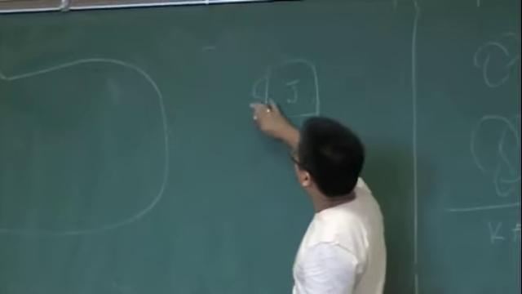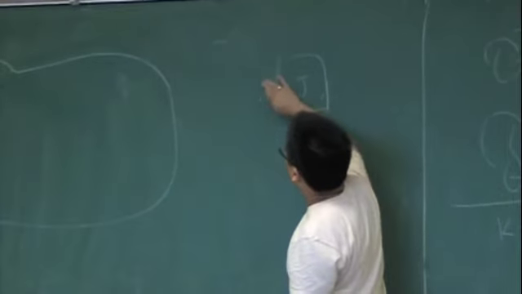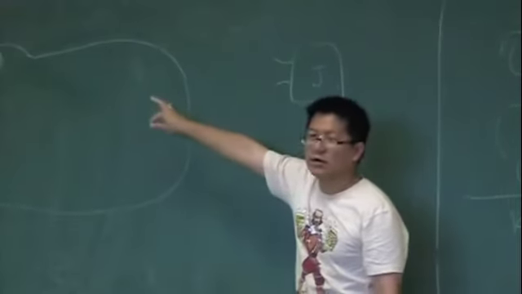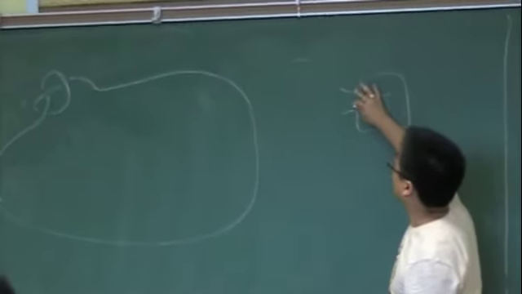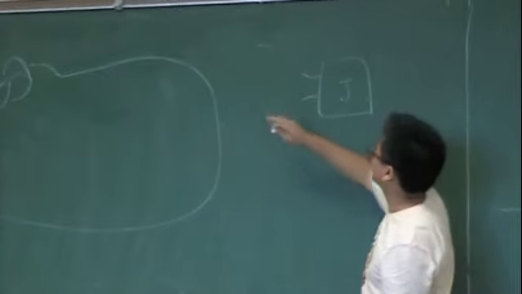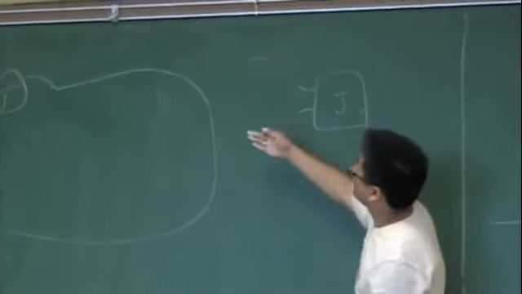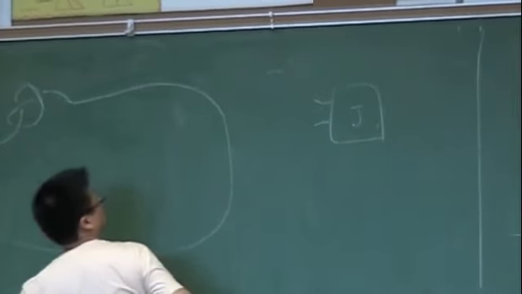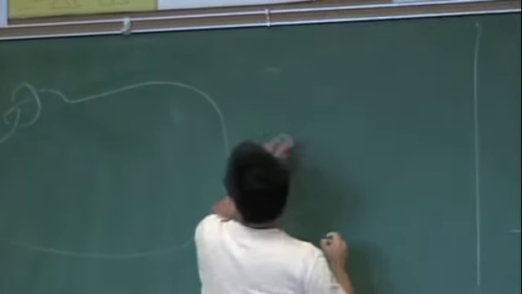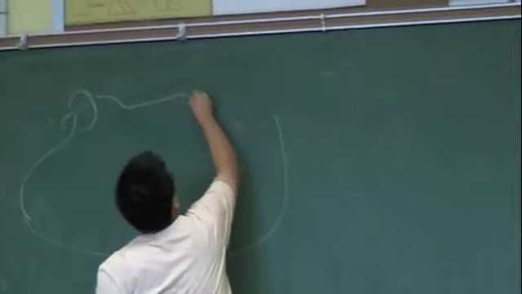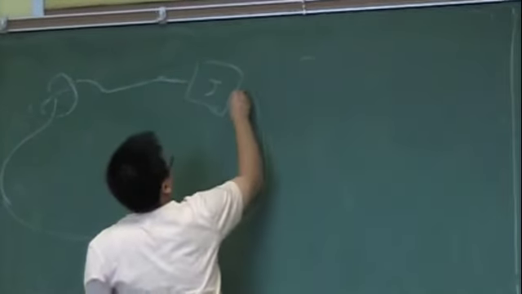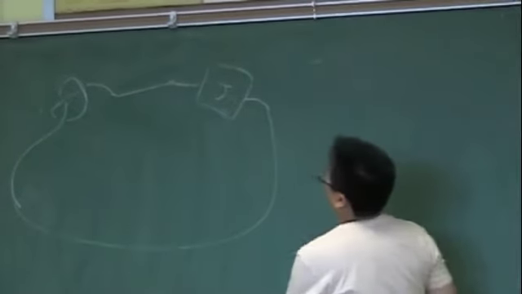When I do the connected sum, it's going to look like this, and this is the part that's going to connect to the other knot. So this is part of my orange rectangle. This is the part that's going to connect. But I can put this on the big loop. So it turns out the connected sum of two knots will look like this, and then whatever's in my little box, I'll call it J. This is coming out like that.